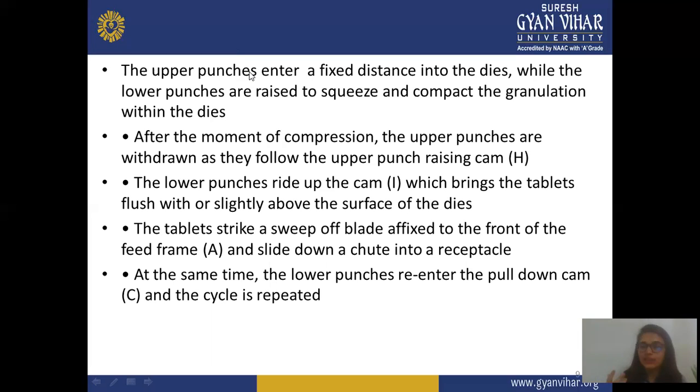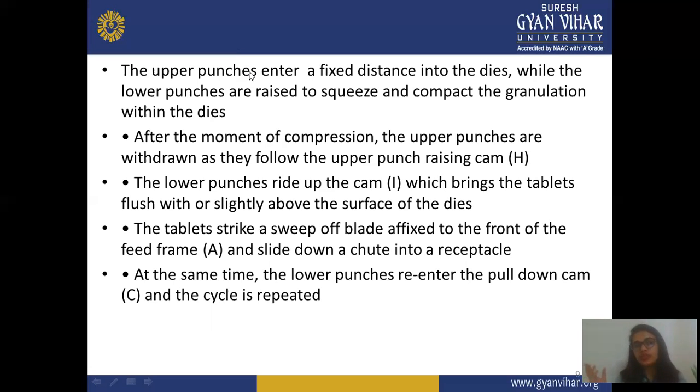This is a continuous cycle where repetition occurs; when one cycle completes, another cycle starts continuously. So this repetition of the cycle forms a large quantity of tablets in a single batch in very few minutes or few hours, and this is a continuous process.